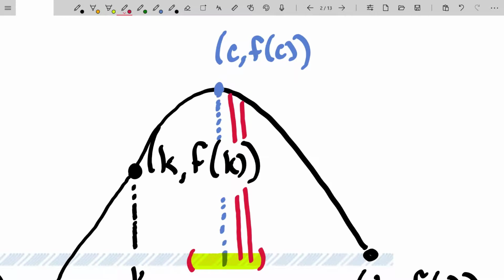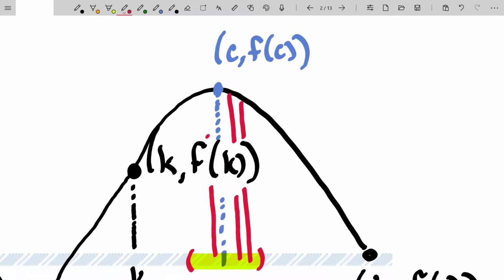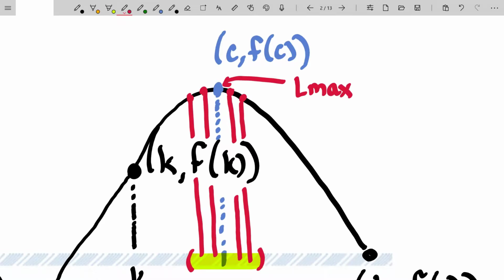That is, f of c must be a local maximum as well. So not only is it our absolute maximum, but because all of these heights here are locally slightly below f of c, or they could possibly be at the same height as f of c, but for right now, in this picture, they're slightly below. That means we have a local max at c comma f of c. So that's a local max. L max is what I use for that.